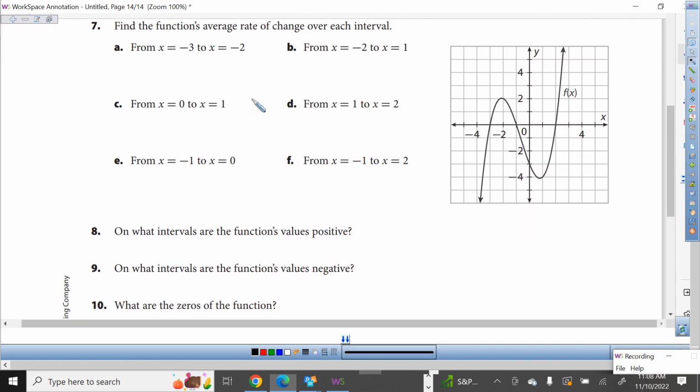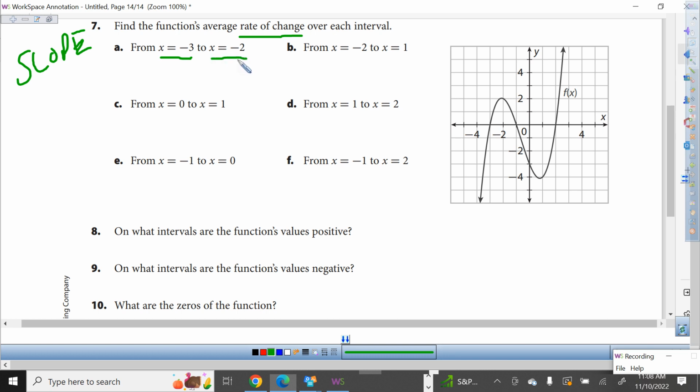Number 7 says, find the function's average rate of change. Tell your neighbor what one word describes rate of change, and it rhymes with rope. Yeah, slope. All right, good. So what's the slope? Let's do A, from x equals -3 to x equals -2 on the function.